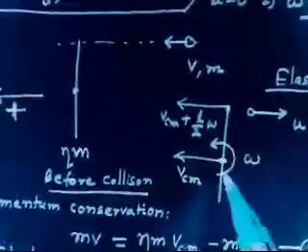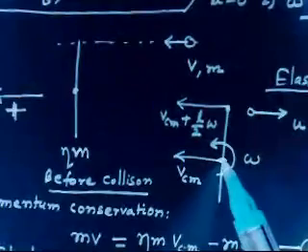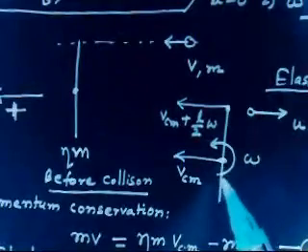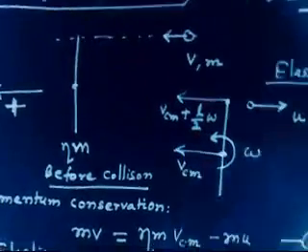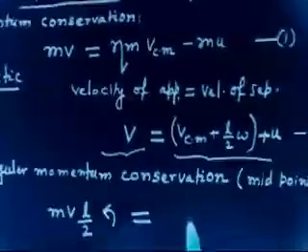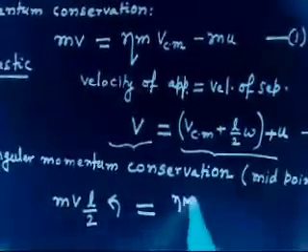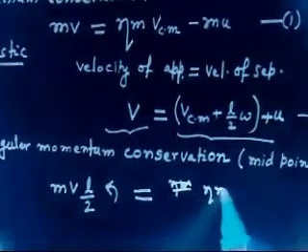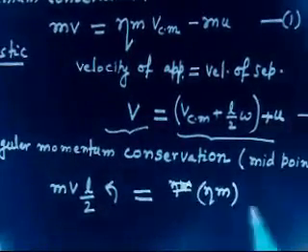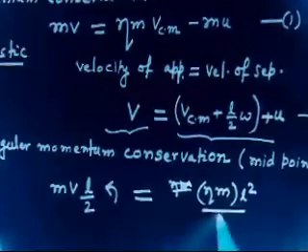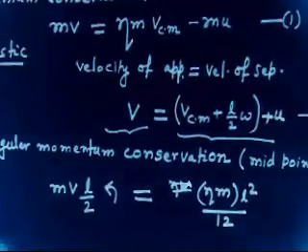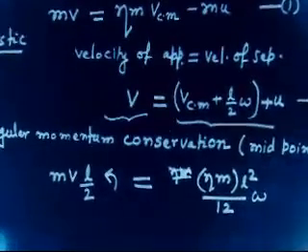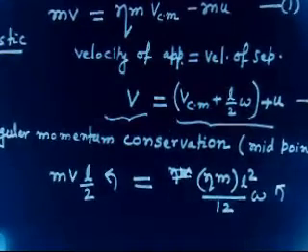Now the rod will have angular momentum about this point. This rod about this point is only rotating, so I into omega, and I is mL square by 12, where m is eta m. This is the angular momentum, again in this direction.